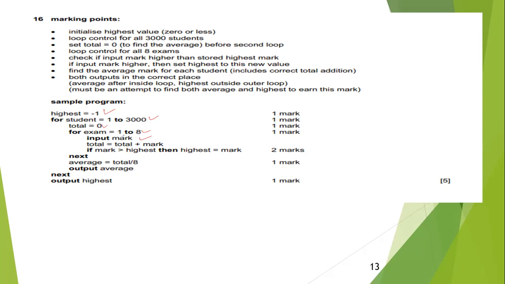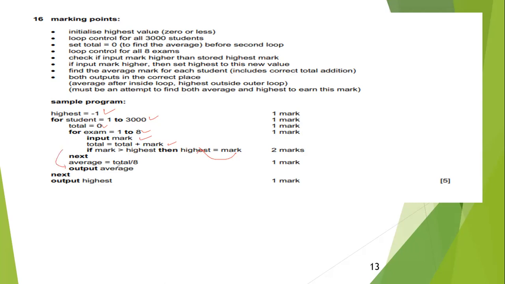Then it will make total equal total plus marks of the first student. Then it will compare: if mark is greater than highest, then the mark will be assigned to highest. The inner loop will run 8 times for the first student. After completing 8 times, control will come here.